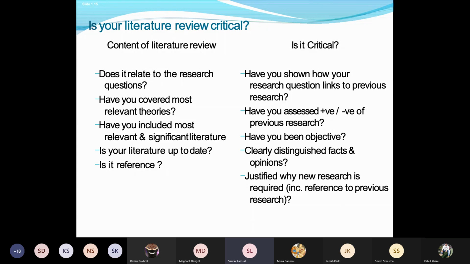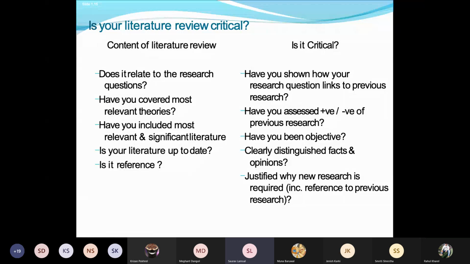So on the left it is simply the content of the literature, and on the right it is critical or not. Does it relate to the research question?